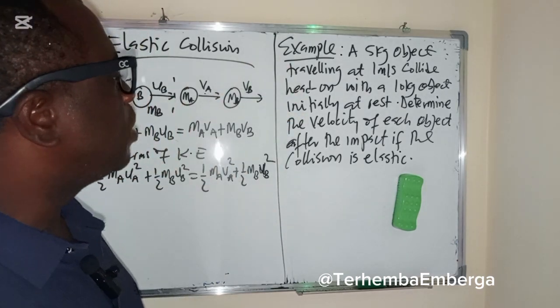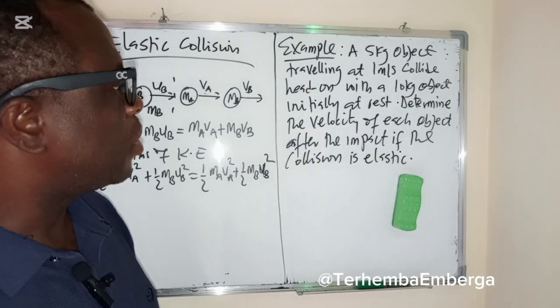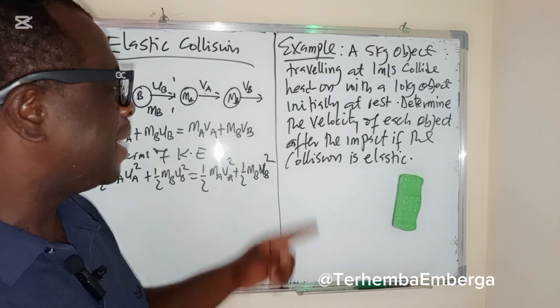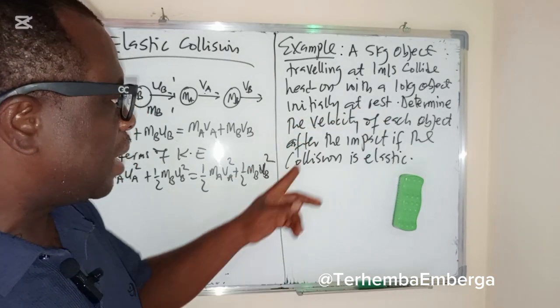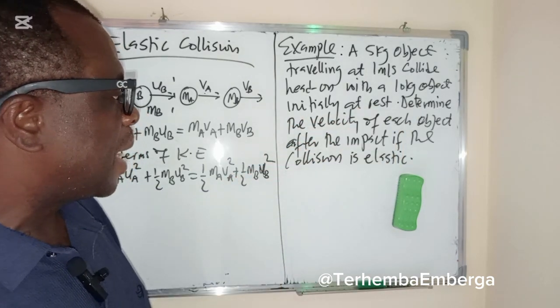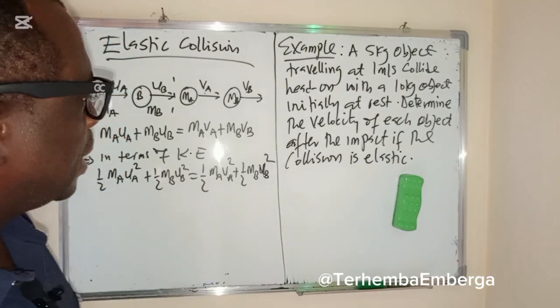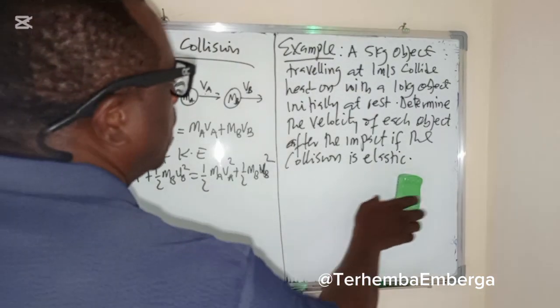A 5 kg object traveling at 1 meter per second collides head-on with a 10 kg object initially at rest. Determine the velocity of each object after the impact if the collision is elastic. So let's look at this.